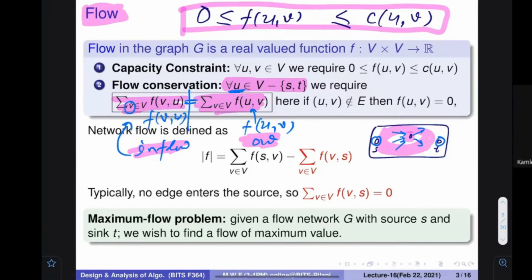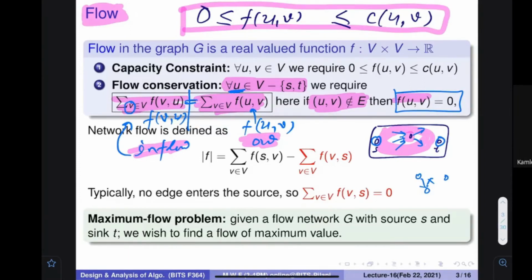Everybody understand this quantity? We assume that if there is no link provided, for example, if UV is not in the edges, if there is no connection between two nodes, how much flow is there? Zero flow.